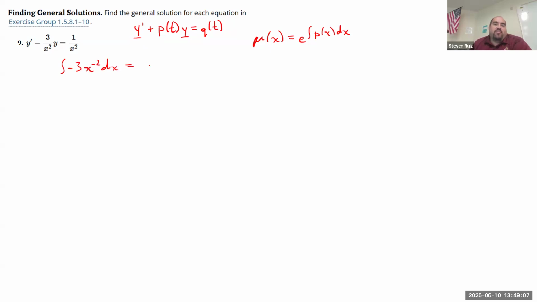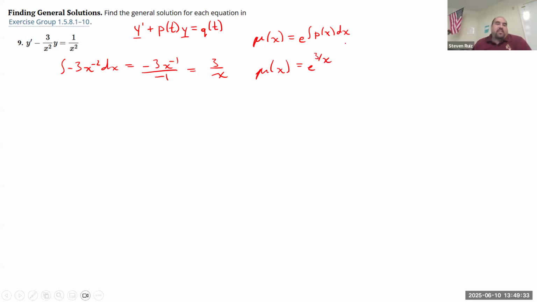That's going to give me negative 3x to negative 1 over negative 1, which gives us 3 over x, which means our integrating factor is mu of x equals e to the 3 over x.